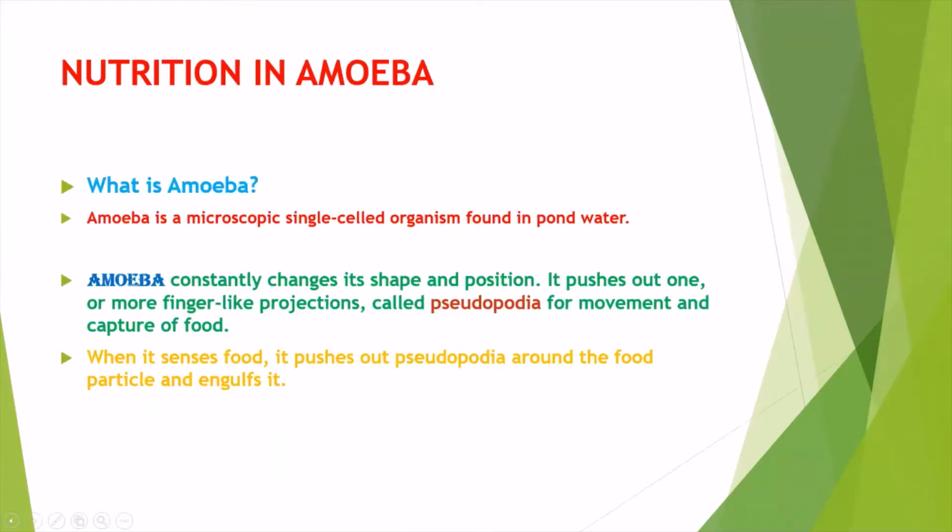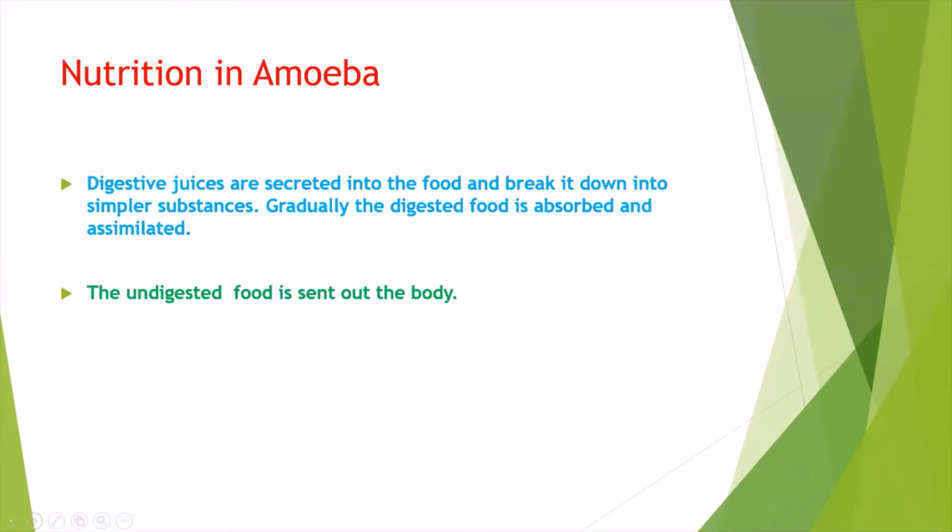So when this amoeba senses its food, it pushes out pseudopodia around the food particle and engulfs it. And then the digestive juices are secreted into the food and they break it down into simpler substances.